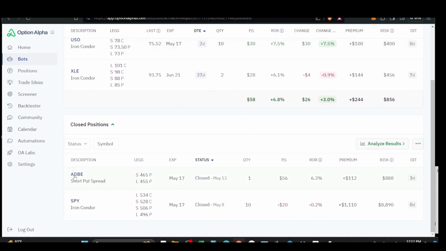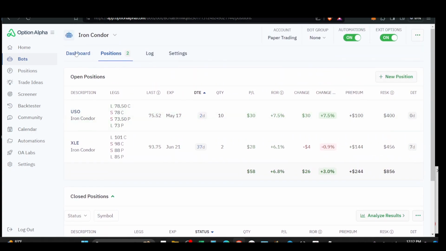So for example, Adobe, it closed for the profit of 56, and my premium was 112, so I did take 50% of it. This one, SPY, I closed it earlier because I didn't like the price moving against my Iron Condor, so I took $20 loss. Okay, so these are bots, right?